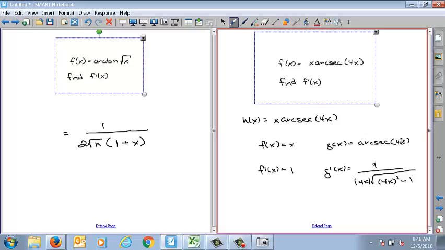And then the final answer, h prime of x, you'd use the product rule, which would be this times that, 1 times the arc secant of 4x, plus f of x times g prime of x, so we'd have 4x divided by the absolute value of 4x times the square root of 4x squared minus 1.